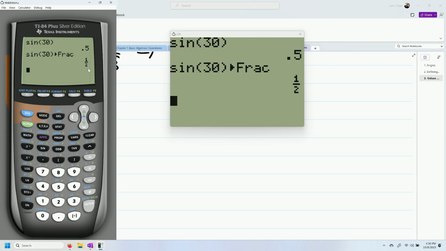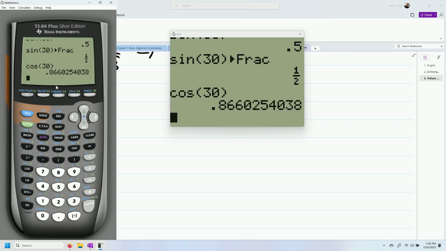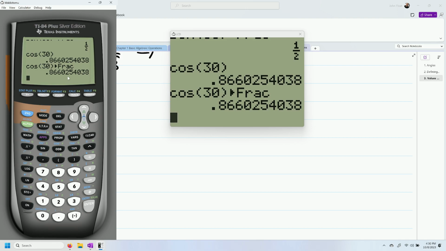Okay. The only problem with the calculator is, depending upon which one you have, it's not going to give you square root of 3/2. So what I mean is the cosine of 30. It's like 0.8 something, 0.866. If you tried to do the same exact thing, but said, hey, put the answer in a fraction, it's not going to do that because the TI-84 doesn't know how to deal with radicals other than approximating them.